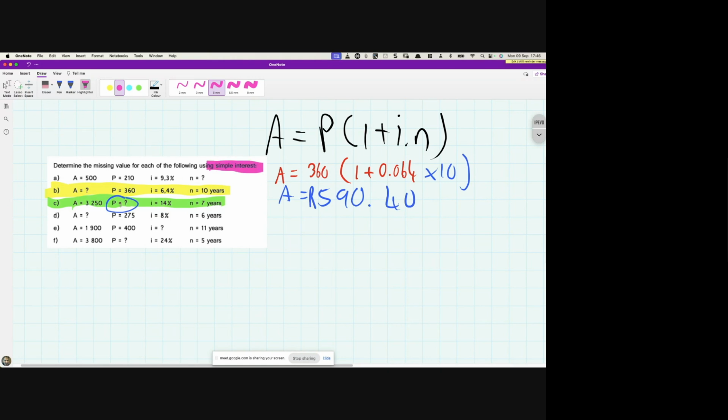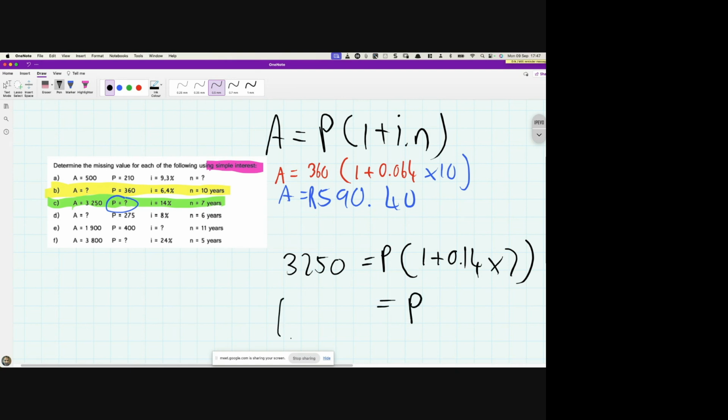And you're trying to find out P. So the difference this time is you need to tell me what P is, and you're stuck with this situation. I would like a couple of students to put the answer for P in the chat so I know that we're on the right track.